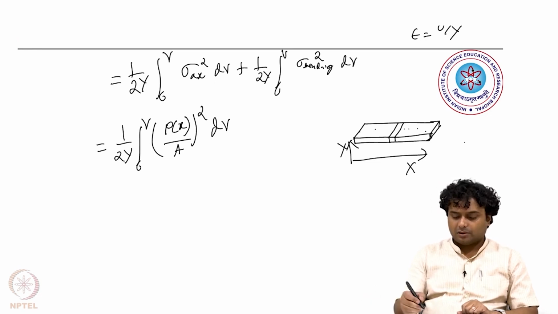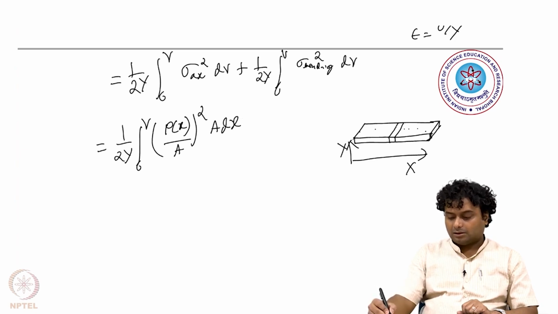So A is a constant, right? So this dV we can write as A into dx, where A is the area of this small volume, and dx is this dx.